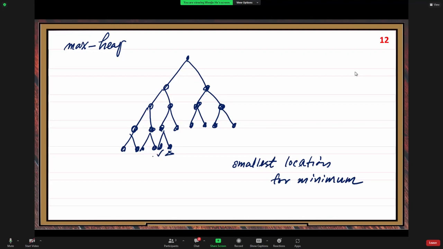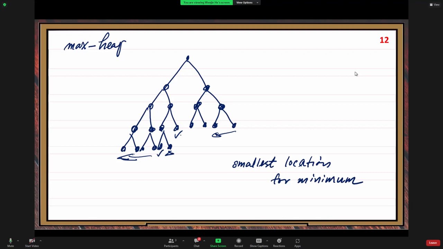So we just keep pushing up. Is it possible to put it here? Yes, because it is a leaf. It has no child. That means it does not have to be greater than any element.